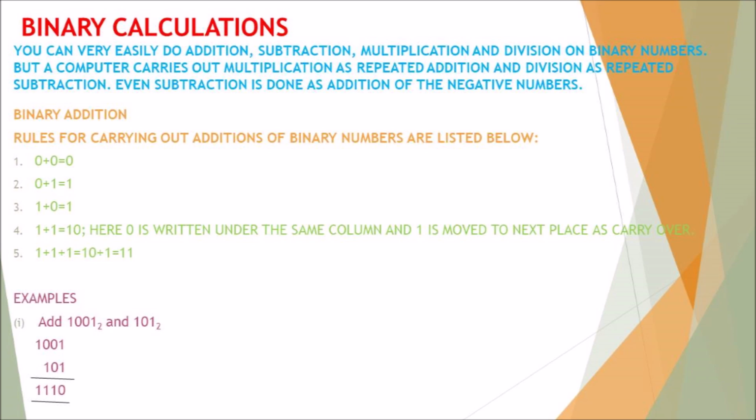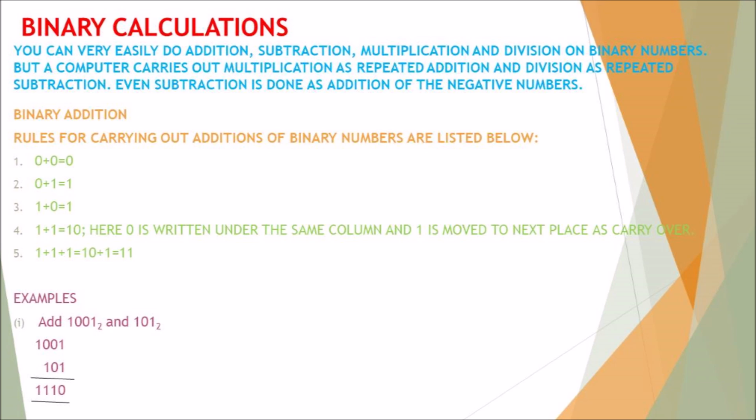So let us see the examples. First, add 1001 base 2 and 101 base 2. We are going to add these two numbers. In the ones place, we add 1 plus 1, which is 10, as we have seen in the fourth rule.